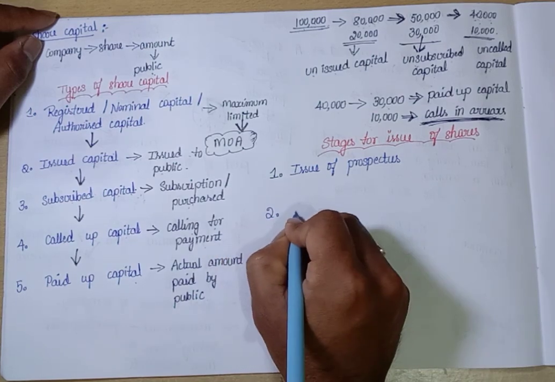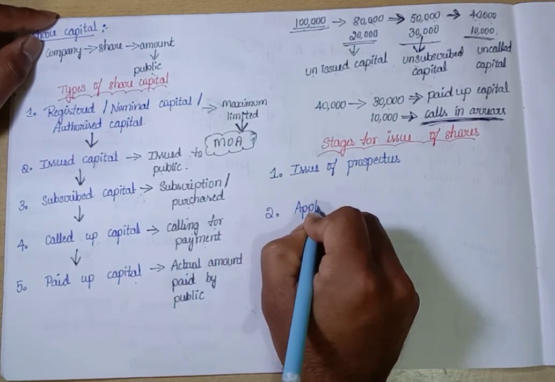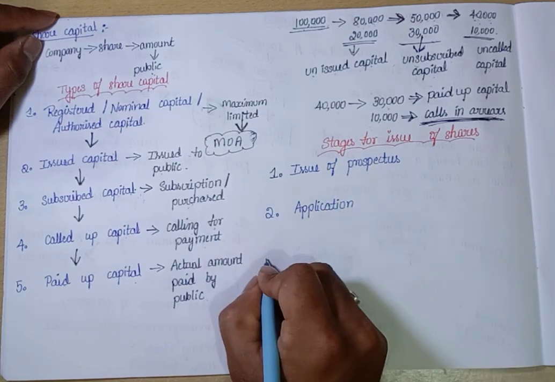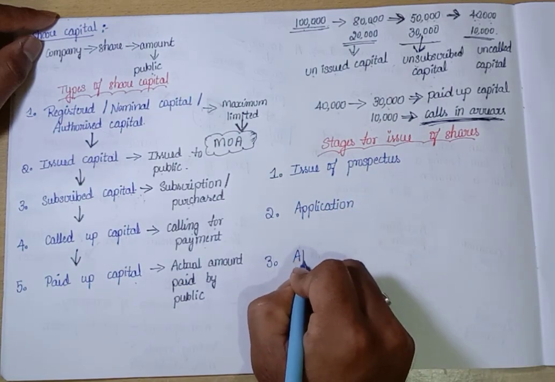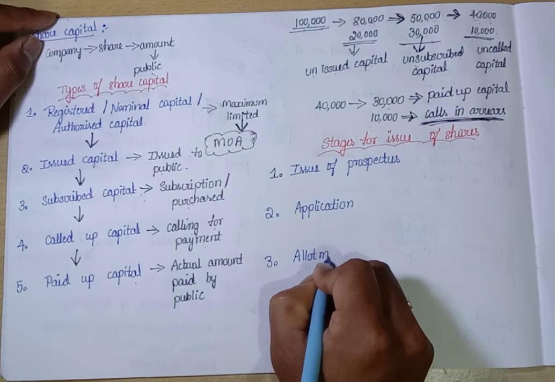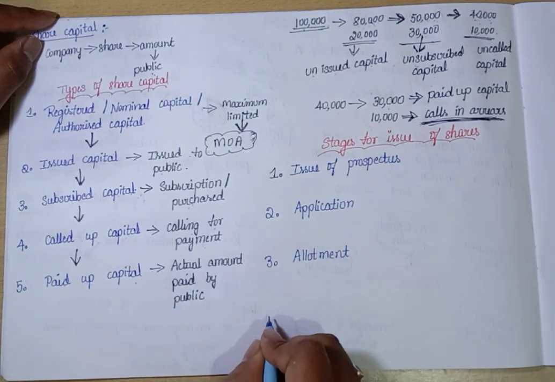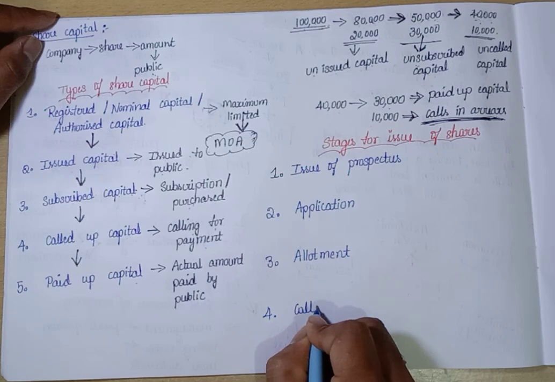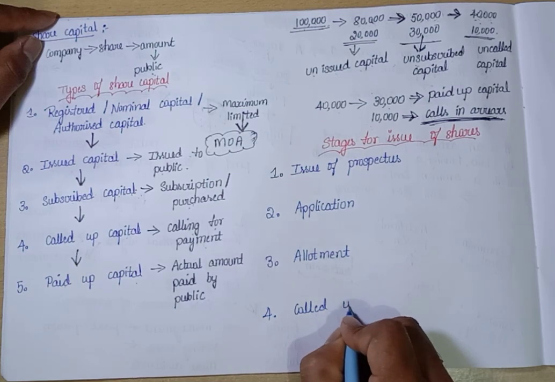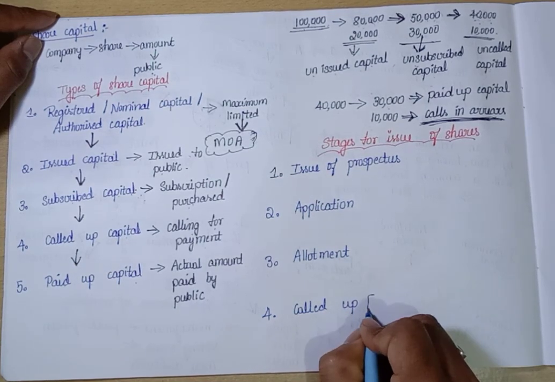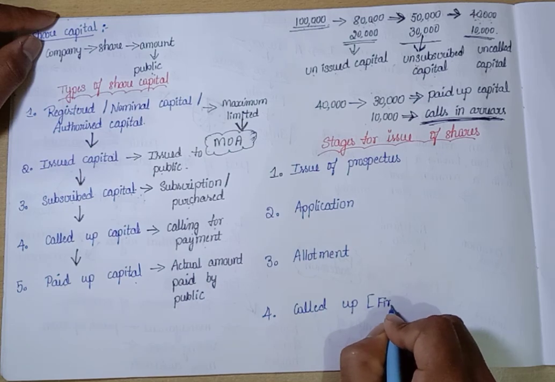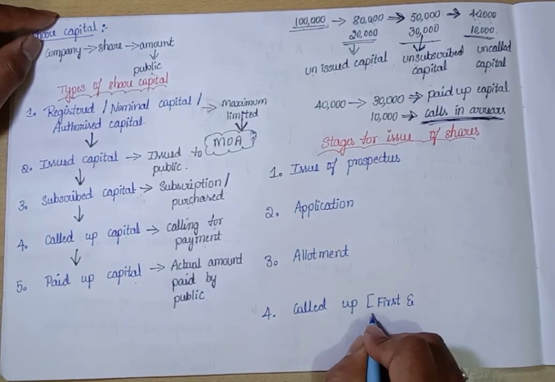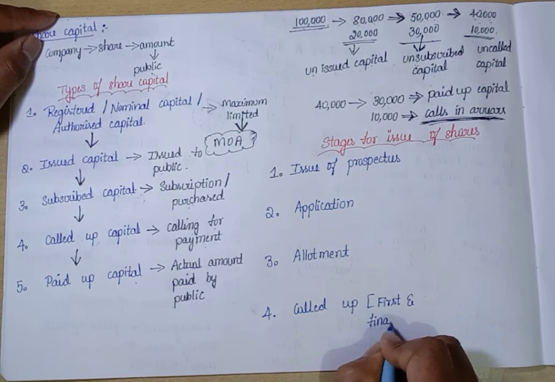Second one, the application stage. Next one, allotment. And the last one, the called up stage, that is the first and final call.